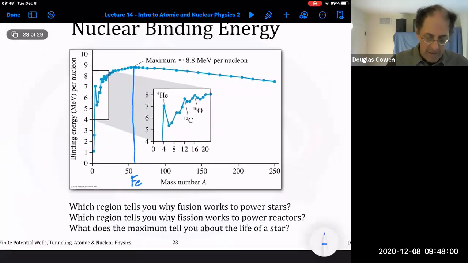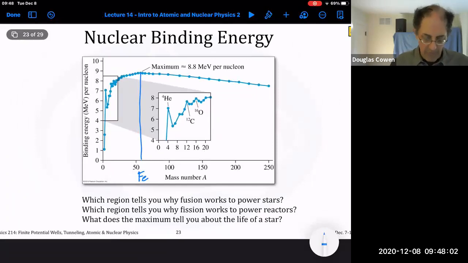So in the chat, I wonder if any of you can tell me which region tells you why fusion works to power stars. And fusion is where lighter elements are put together to form heavier elements. This usually happens in the core of stars, and energy gets released in the process.